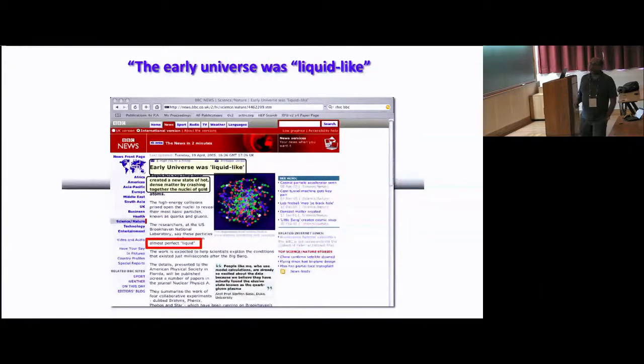This got a lot of press, with statements like "the early universe was liquid-like" and so on. This generated a tremendous amount of interest in heavy ion collisions, which to some extent ran against the prejudice people had about learning something from them. The public was excited about the possibility that you could recreate the conditions of the early universe in the laboratory.